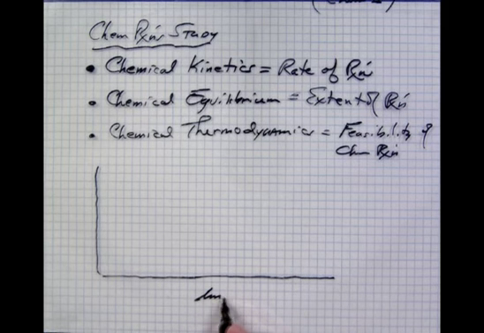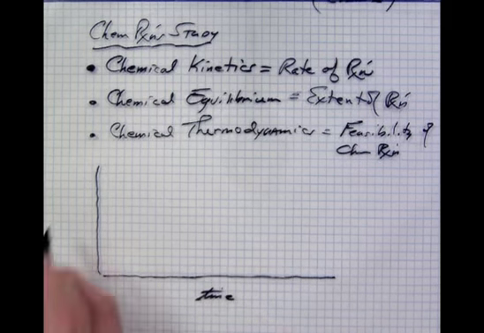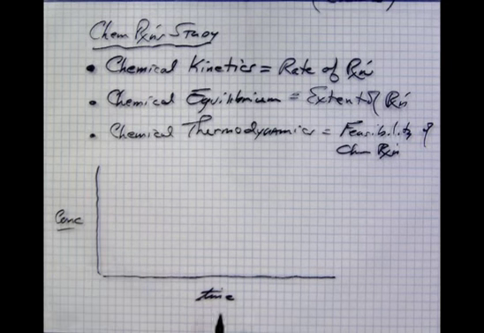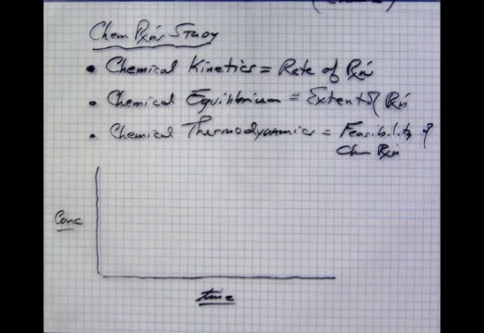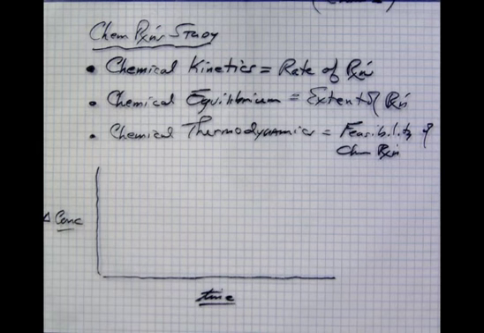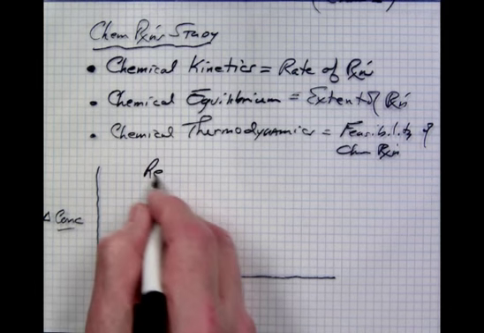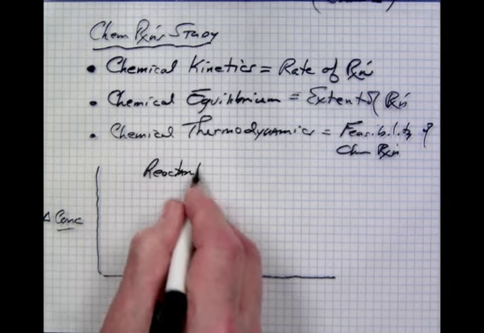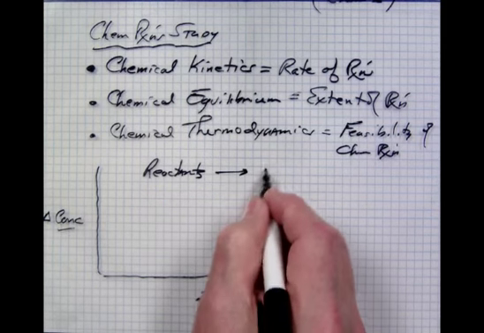As a function of time and concentration, when we consider changing concentration, that should be change in concentration as a function of time, we are going to look at reactants going to products.